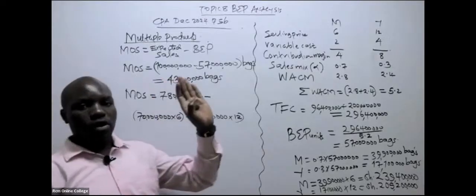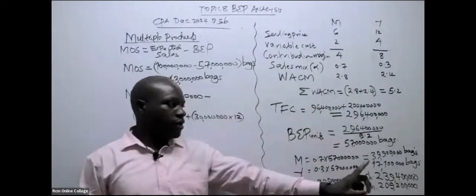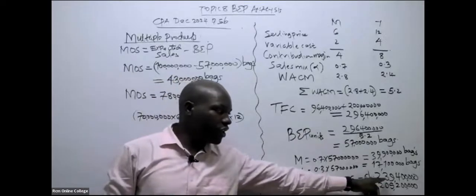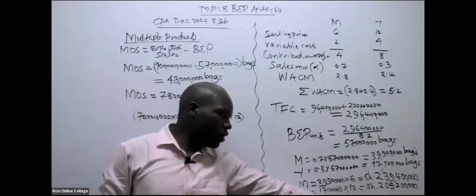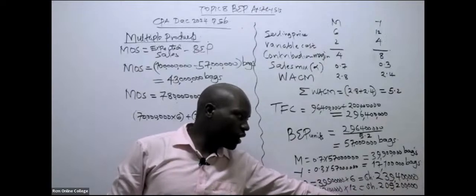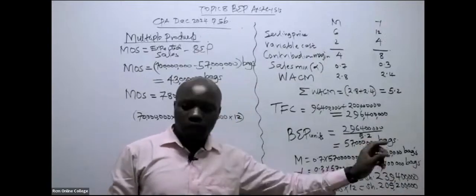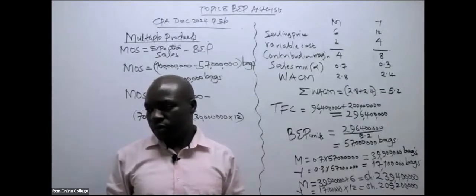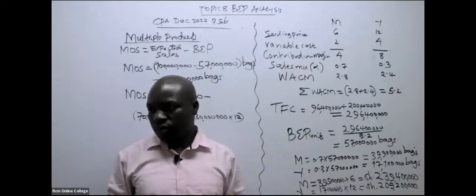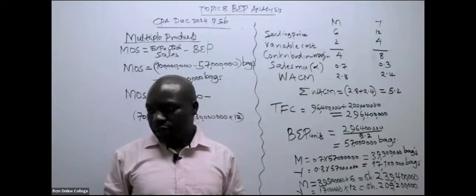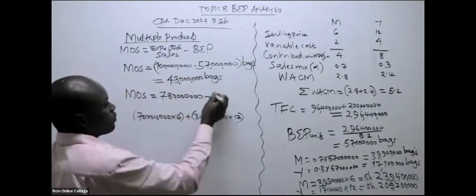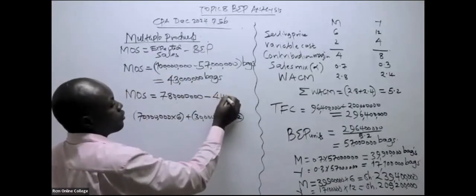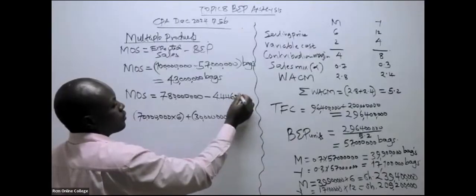Are we able to get our break-even point in shillings? Yes. For product M, it is 239,400,000. For product Y, it is 205,200,000. So when you add the two, what are you getting as the total break-even point? 444,600,000.